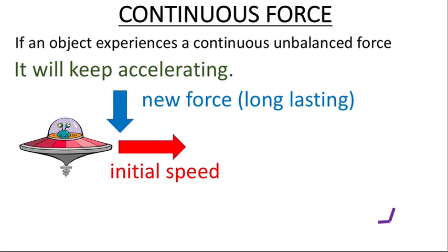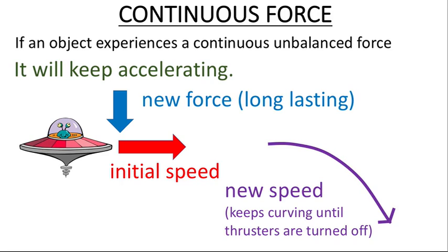What's going to happen, because the vectors are perpendicular, it's going to turn the spaceship, but this time we get a curve because the ship continues to accelerate because the thrusters keep pushing it more and more. Remember, we learned that curves are associated with acceleration, and so the path will continue to curve until the thrusters are turned off.